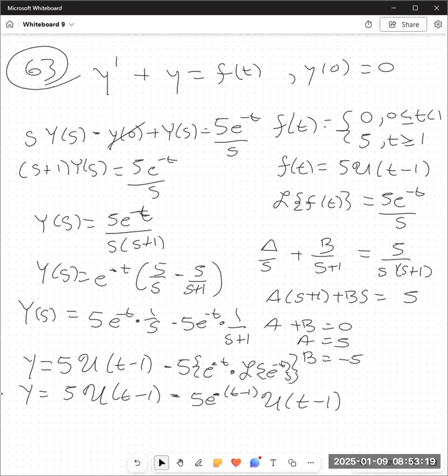And then we factor out what's common here, the unit step function t minus 1 on the right, with 5 minus 5e to the negative t minus 1.